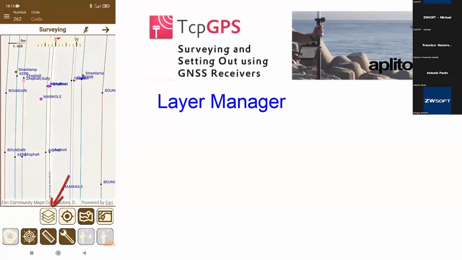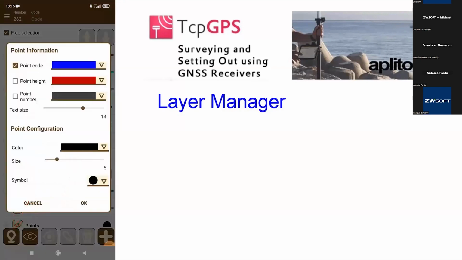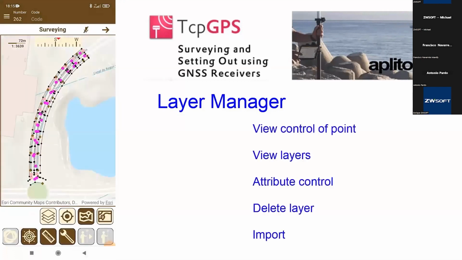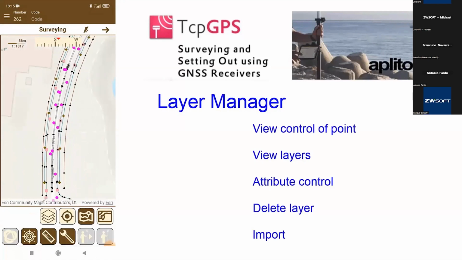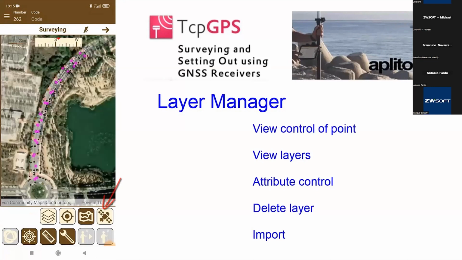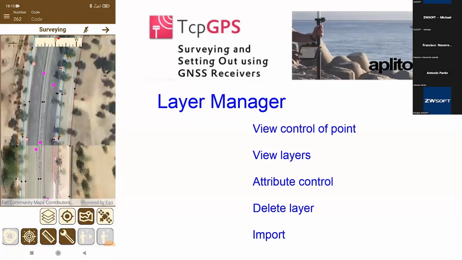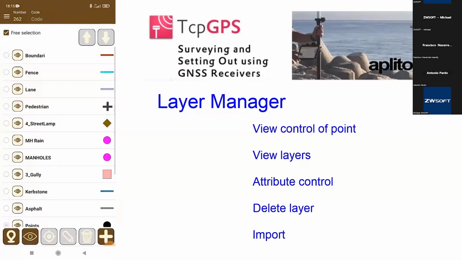Another important thing is that TcpGPS gives us the layer manager, where we can control the different visualization of the layers. For example, we can visualize the points in different sizes and colors. We can use different base maps: street map, survey map, or ortho image, or another ortho image as background.